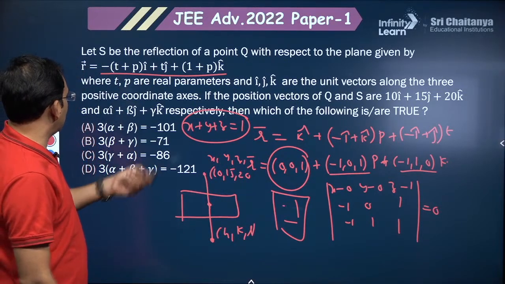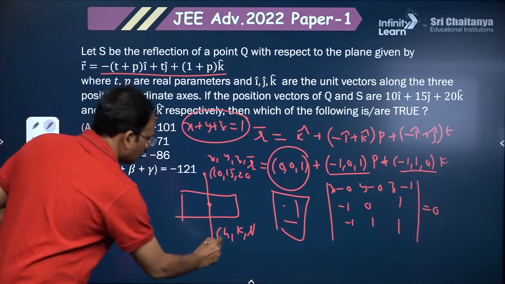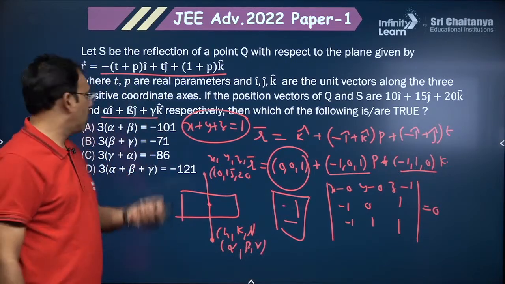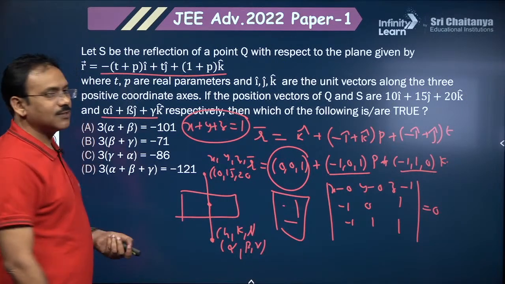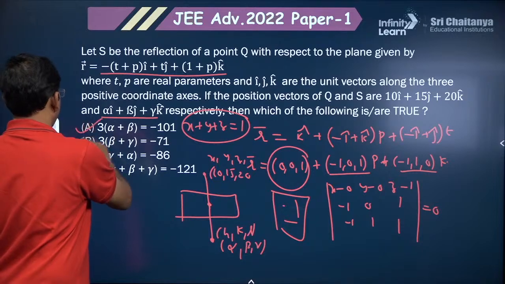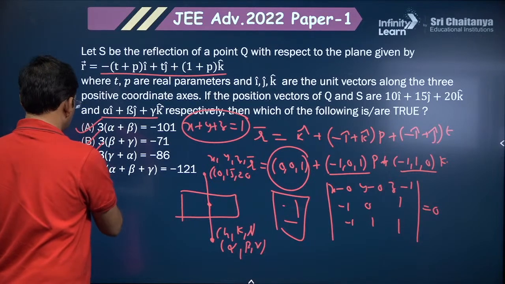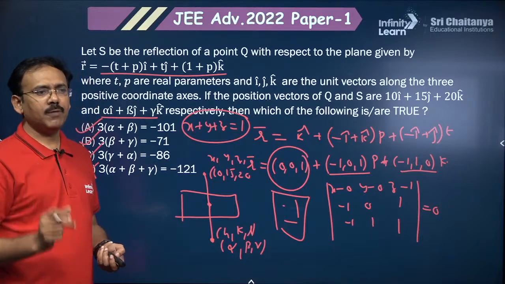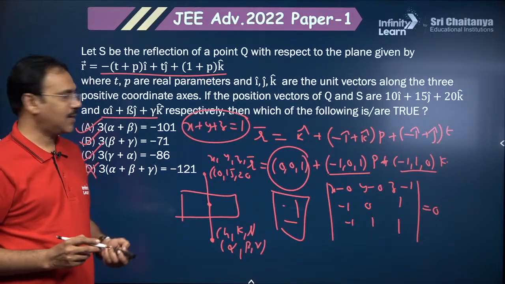You just take that point to be alpha, beta, gamma. It is a simple procedure from which you can verify the options which are correct. You can observe that A, B, C are the right answers, whereas D will be wrong. Just simplification. It is a combination of two simple problems, right.